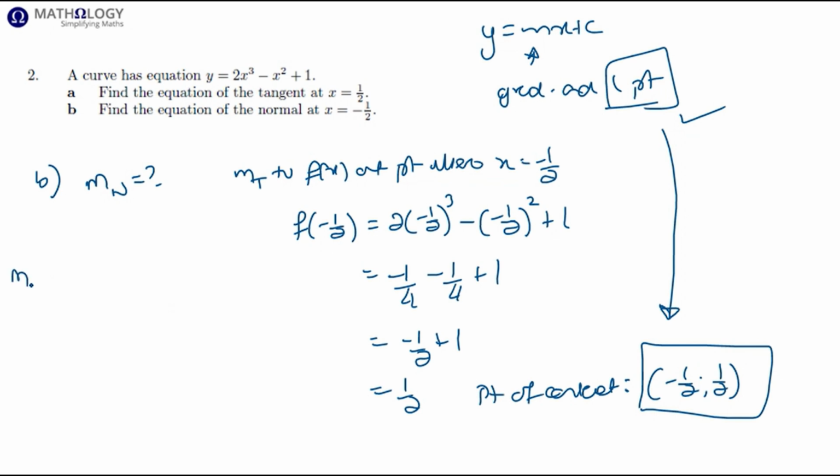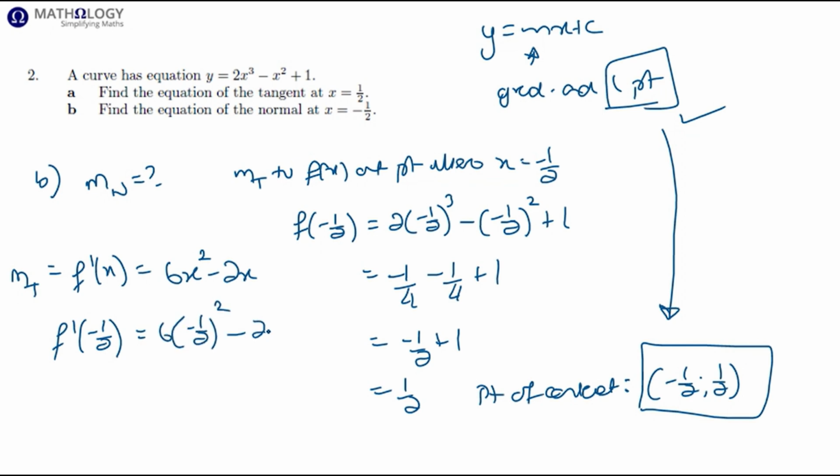So the gradient of the tangent to the curve is given by f prime x, which is 6x squared minus 2x. The value of the gradient of the tangent at the point minus a half will be f prime minus a half, which is 6 times minus a half squared minus 2 times minus a half.